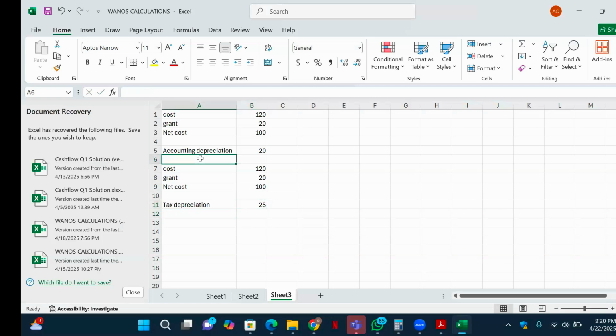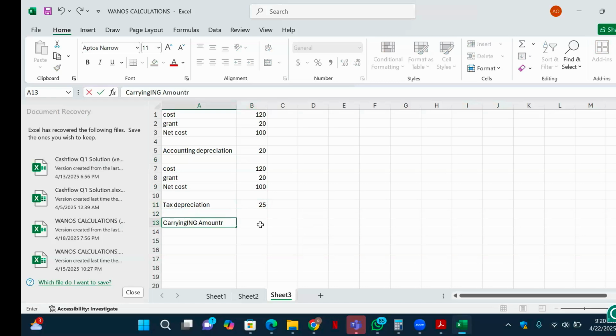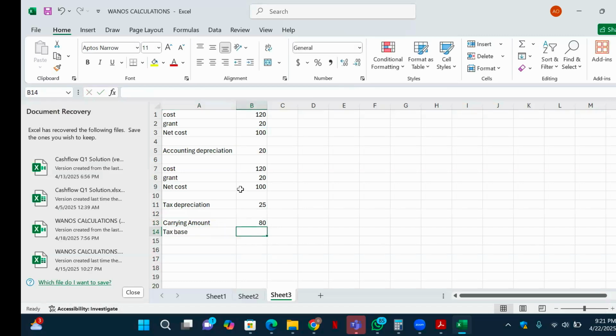Now, my carrying amount in this instance, I'll be paying attention to, except we bought it at the end of 2022, and we are dealing with 2023. So therefore, there would have been 1 year depreciation. So I'll say this net cost minus the 1 year depreciation, and I have 80, right? My tax base also will be this same amount, but minus the tax depreciation this time.